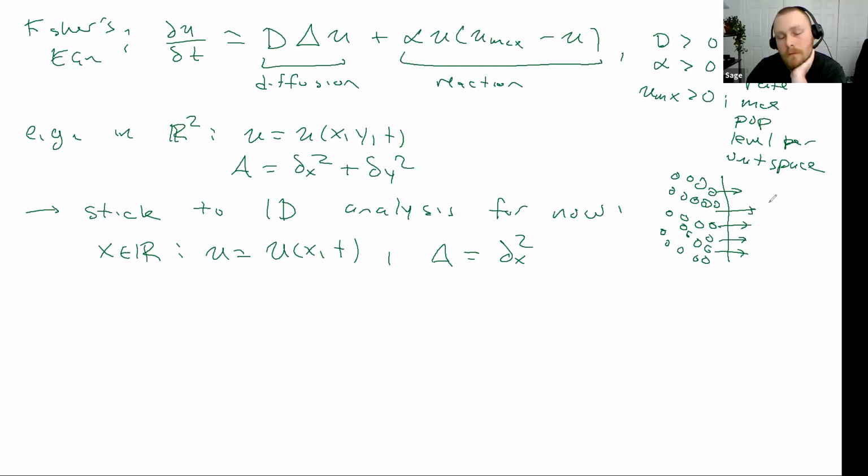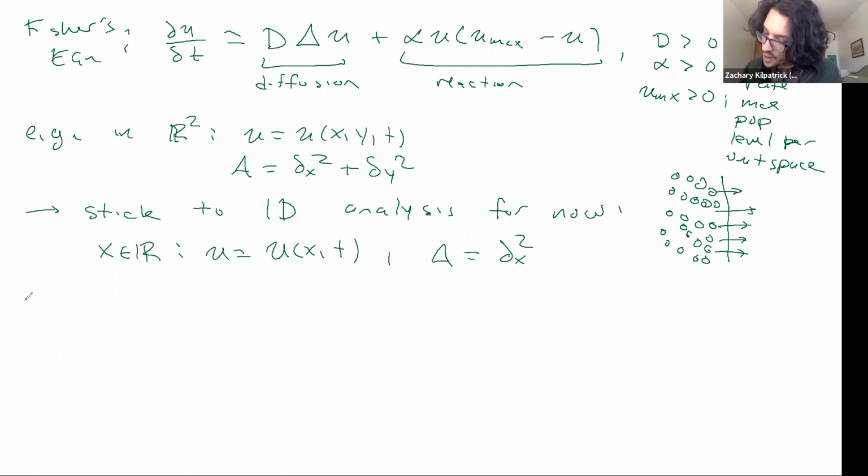But once you hit some upper limit here, reproduction is not going to help you anymore. So I'm coupling together the two effects that lead to this propagation of organisms. Yeah, you're right.